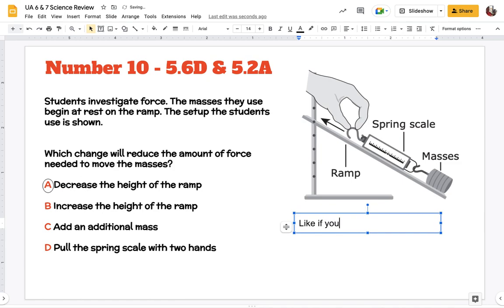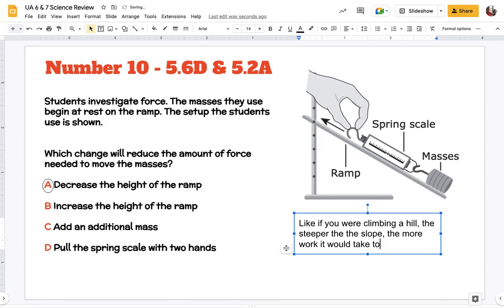Like if you were climbing a hill, the steeper the hill, which is just how steep it is or how tall that slope is that you're going up. So if you're climbing a hill, the steeper the slope, the more work it would be or it would take to climb.